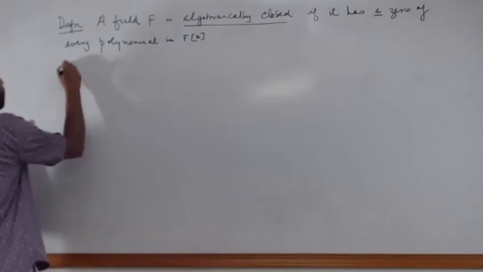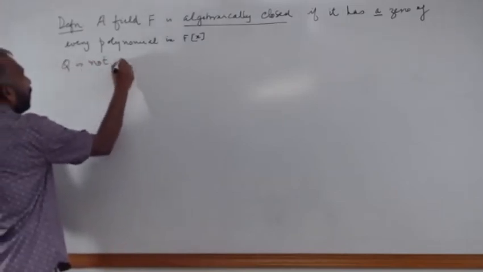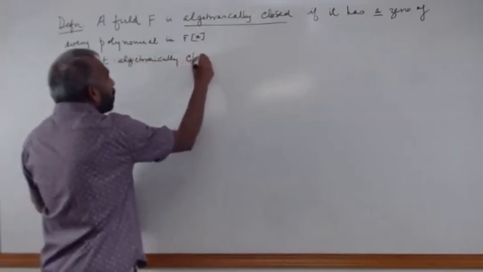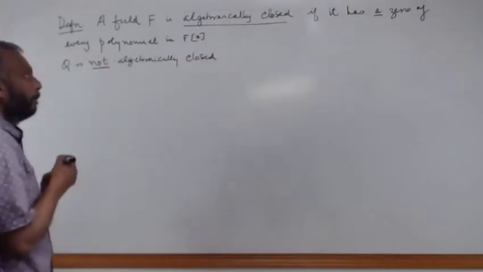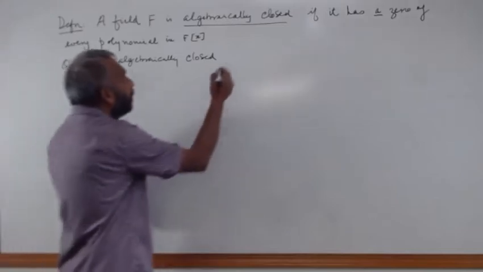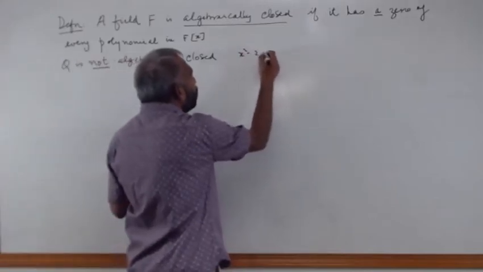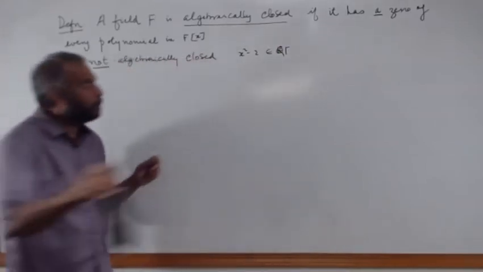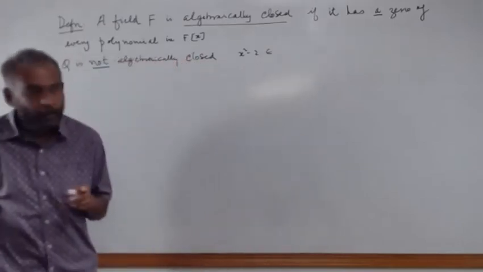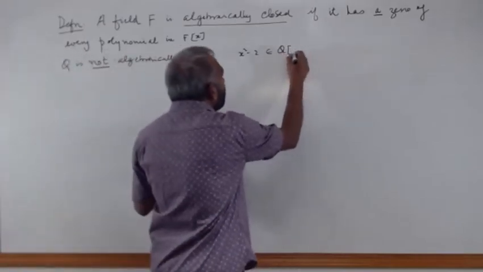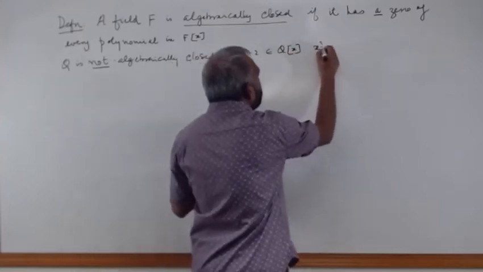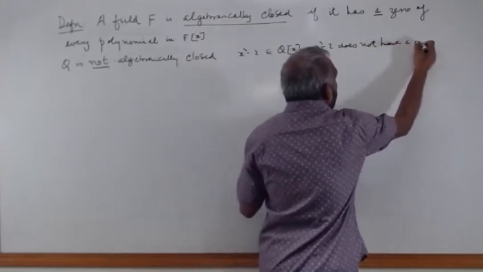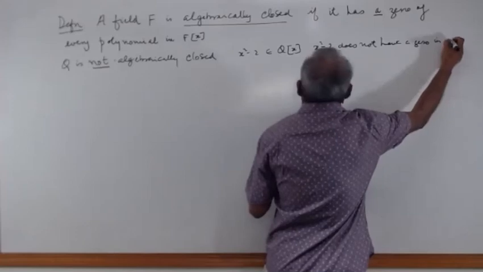Q is not algebraically closed because x square minus 2 belongs to Q of x, and x square minus 2 does not have a 0 in Q.